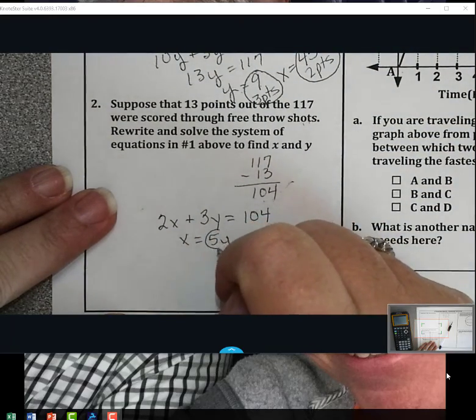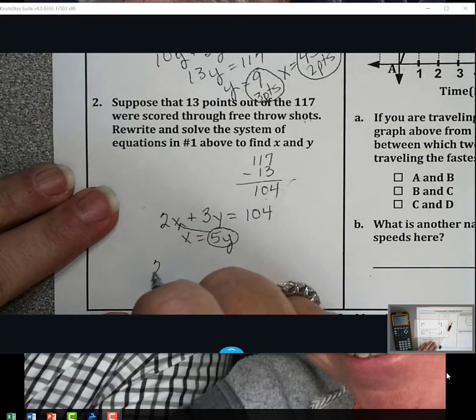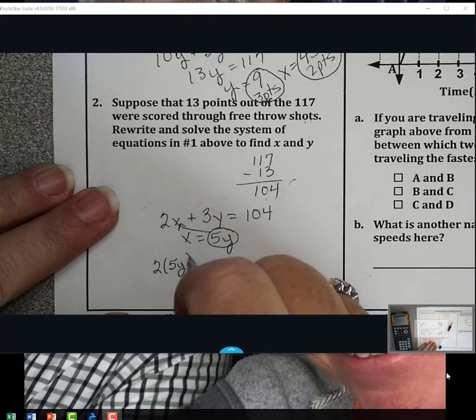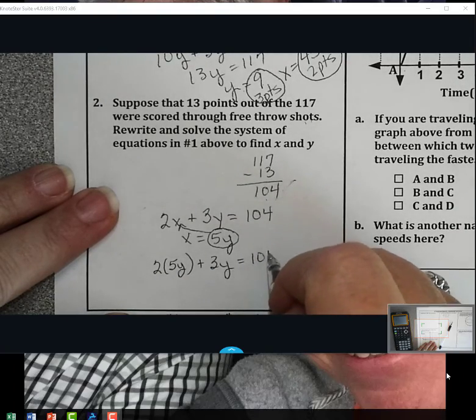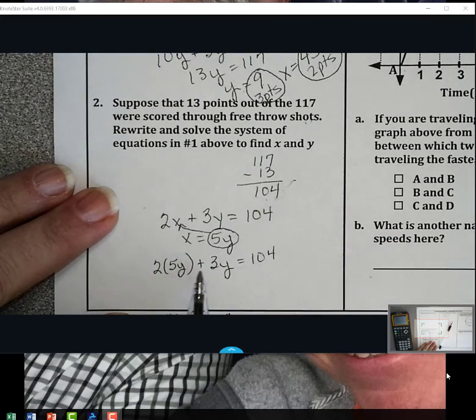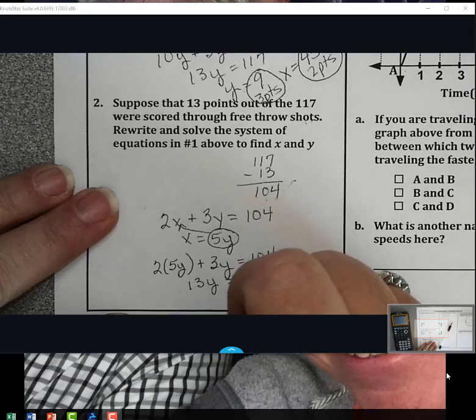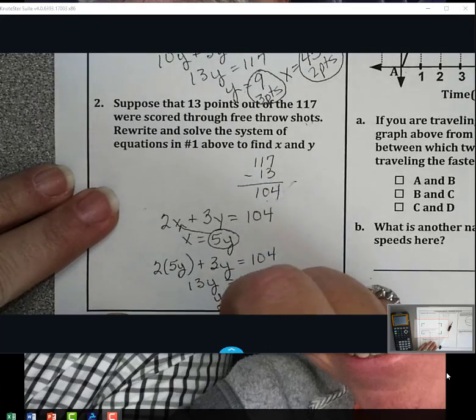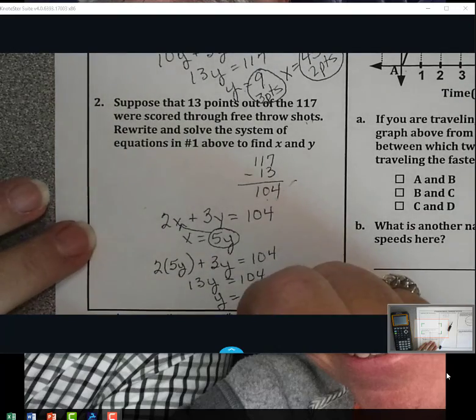So again, substitution. I'll take this value and substitute it in here. I'll have 2 times 5y plus 3y equals 104. This is going to be 10 plus another 3. This is going to be 13y equals 104. Divide both sides by 13, that is 8.